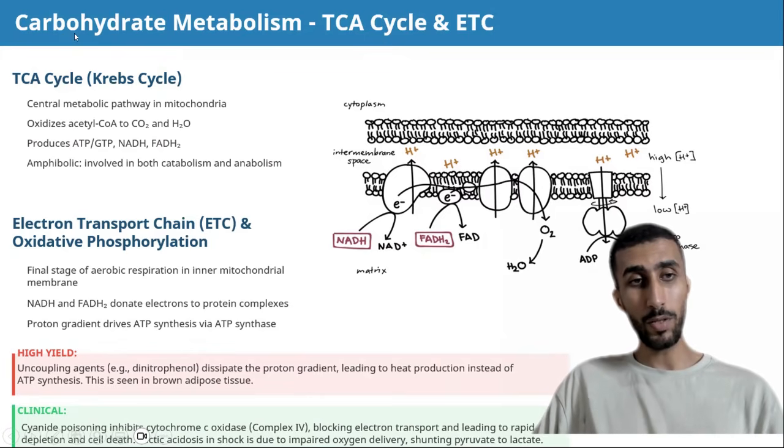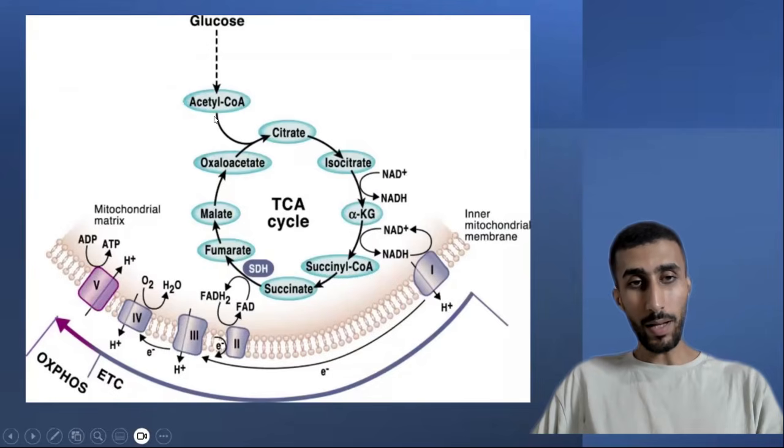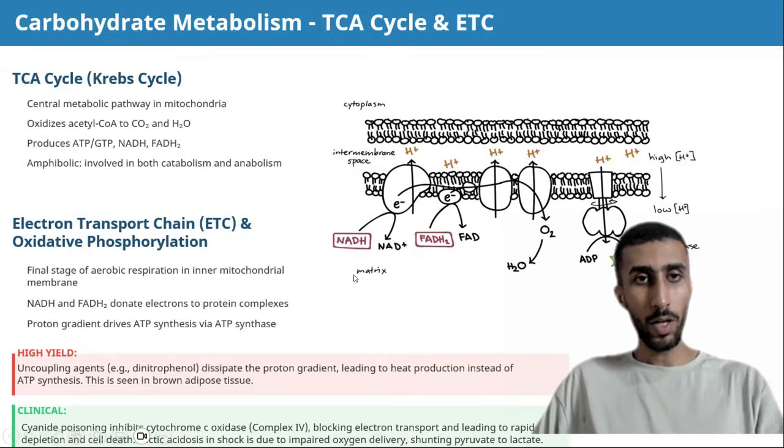So the tricarboxylic acid cycle, aka Krebs cycle, is our central metabolic pathway. We can get acetyl-CoA from amino acids, from glycerol, from glucose. So this is the final common pathway for protein, carbohydrate, and fat metabolism to produce energy.